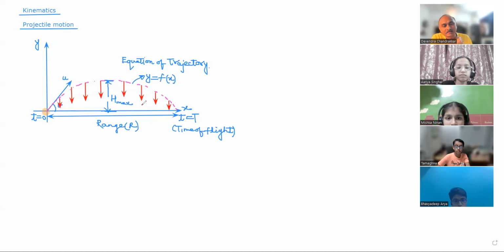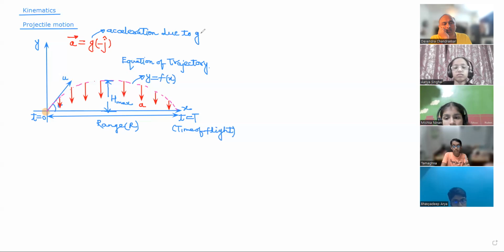It is pulled down with an acceleration g, in the minus j cap direction. Why minus j? Because it is downwards. This g has a special name, acceleration due to gravity. I hope all of you understood it. Yes or no?